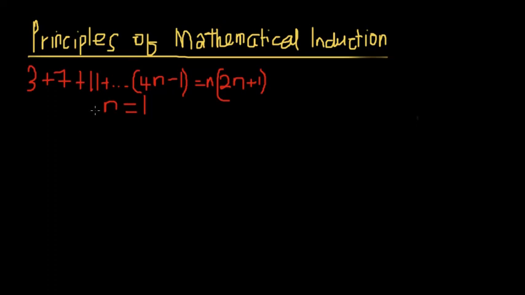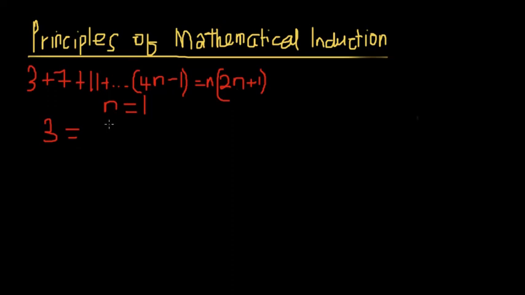Let's pick n equals 1. Since n is equal to 1, we have to pick only one value from here. So we have 3, which is equal to the right hand side. Since n is equal to 1, every n we see in this expression will be replaced with 1.